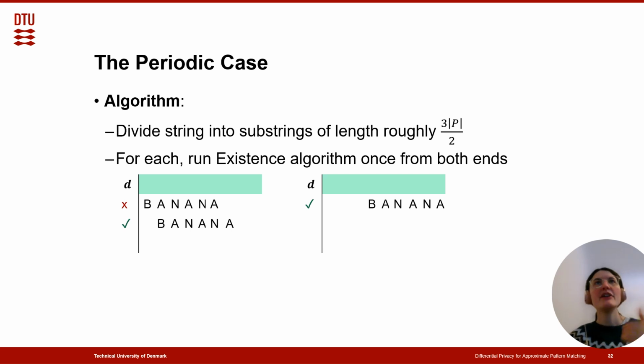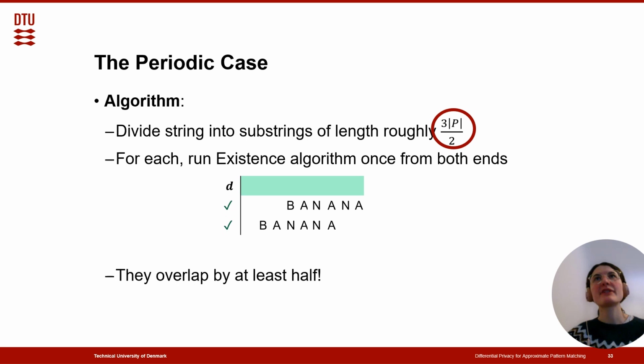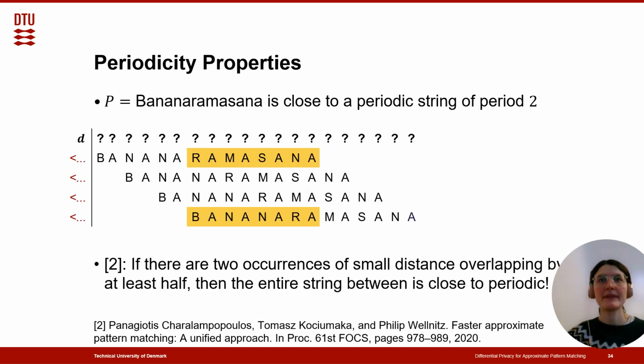Now, if both algorithms found an occurrence, then because the string we looked at was of length only 3/2 times the length of P, they have to overlap by at least half. So we have this property. So basically, once we found two occurrences which overlap by at least half, I don't even need to look at the rest of the string to know that there are close occurrences at every period in between.